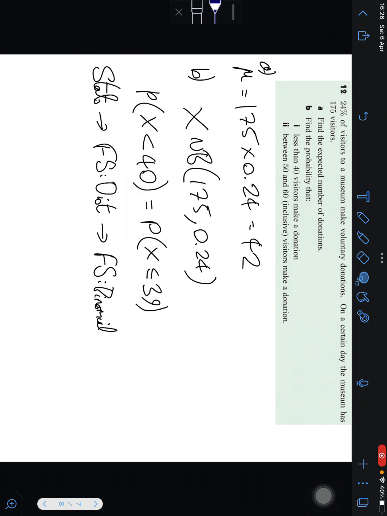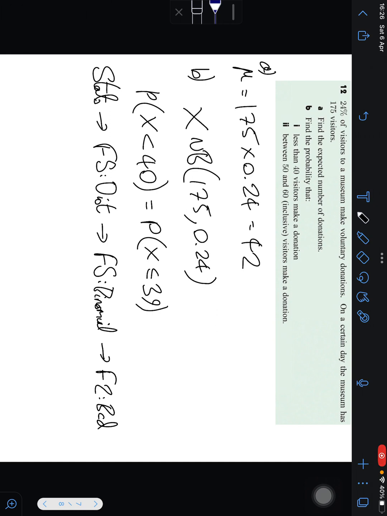And then for this question, what we need is the cumulative, the one with the C in it, BCD, so that's F2.